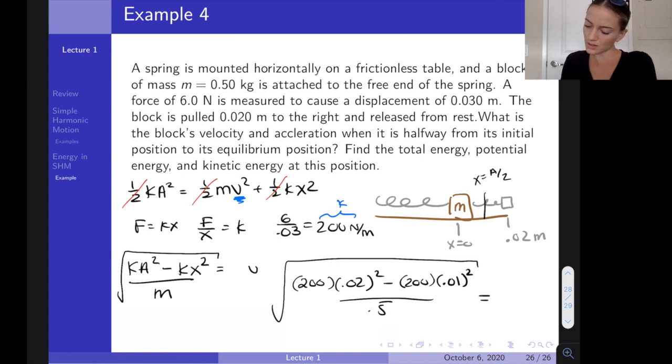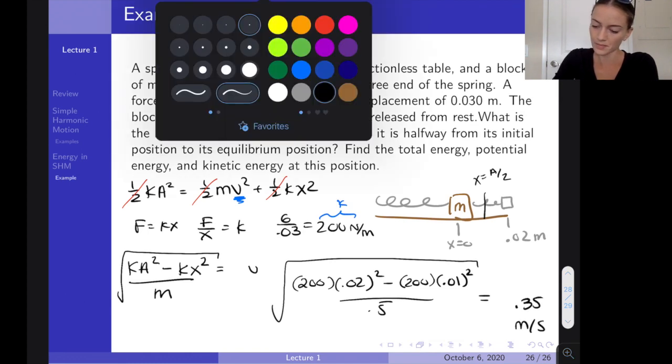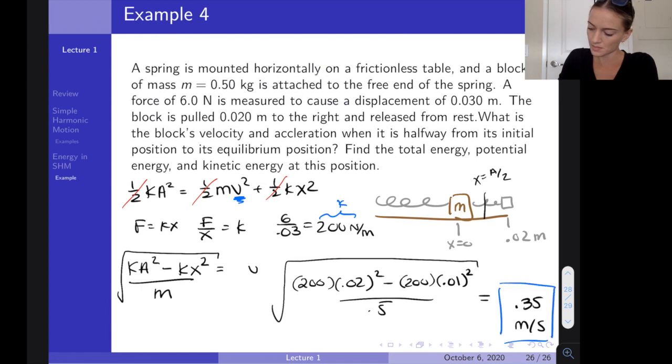When you plug this all into your calculator, you will get 0.35 meters per second. Now you just have to be careful here because the question does ask for the velocity, not the speed or the magnitude of the velocity. So that means you have to worry about whether there's a negative sign in front of your velocity.